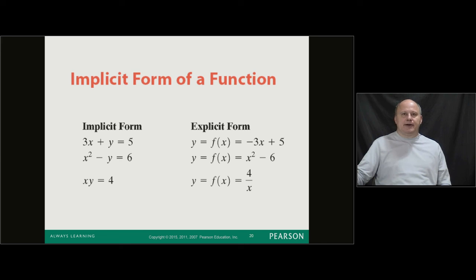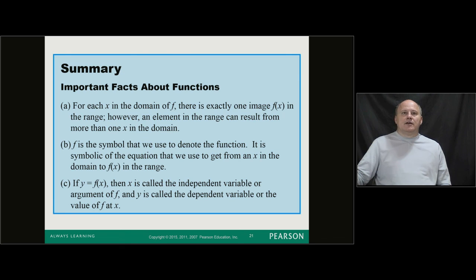Okay, now let's look at the summary. All right, summary. The important facts about functions. For each x in the domain of f of x, there is exactly one image f of x in the range. However, an element in the range can result from more than one x in the domain. What that basically means is that a range element can appear more than once for different values of x.